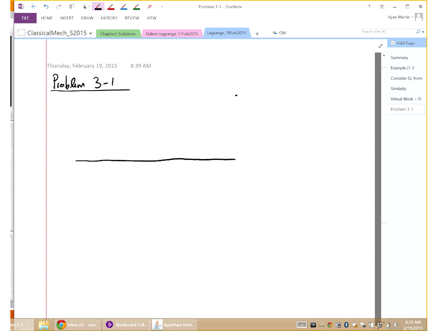So what we have is a ground on a wall. We have a massless rod. We have a second massless rod of the same length, and they're connected here by a hinge. There's a hinge down here as well.